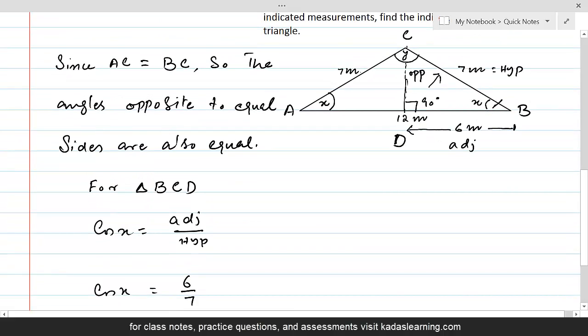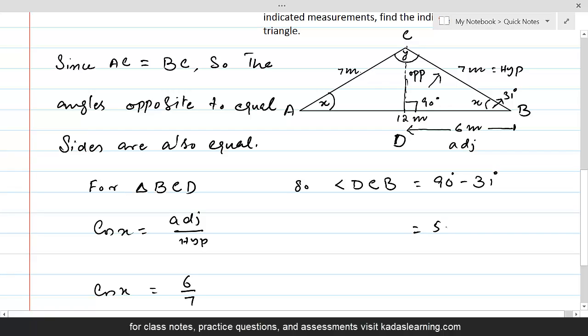If this angle is 31 degrees, then the angle at C for the triangle BDC is the complementary angle of this angle. So the angle DCB is equal to 90 degrees minus 31 degrees, which is equal to 59.